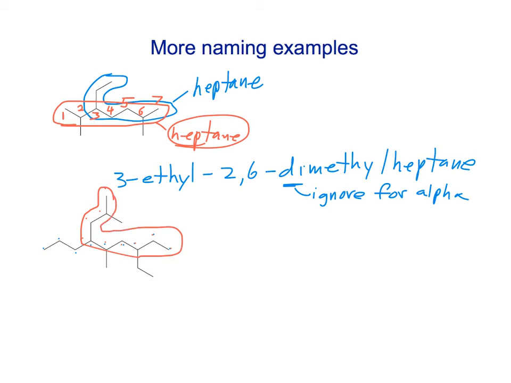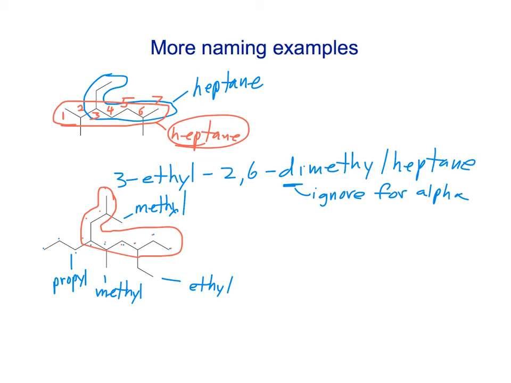So we are going to follow this as our parent. All right, we have a methyl here. We have another methyl here. What's this one? That has 2 carbons. That's ethyl. And what about here? 3 carbons. That's propyl.